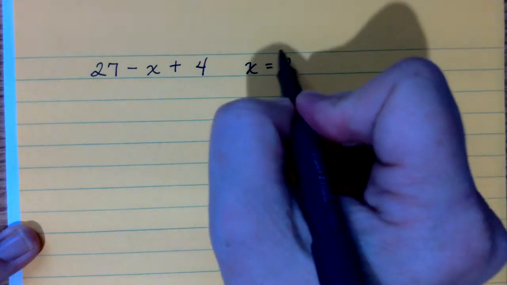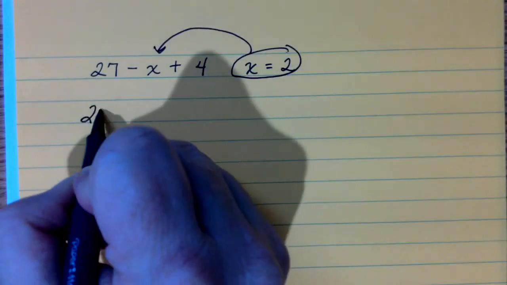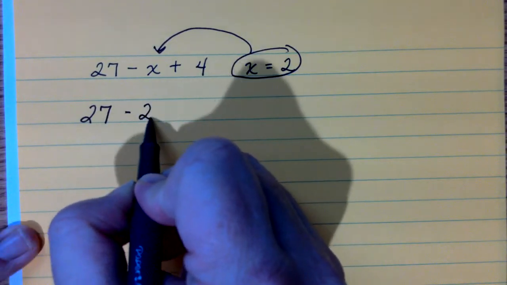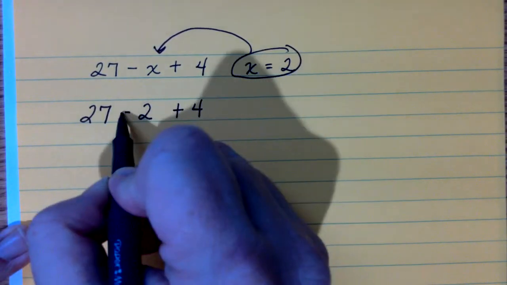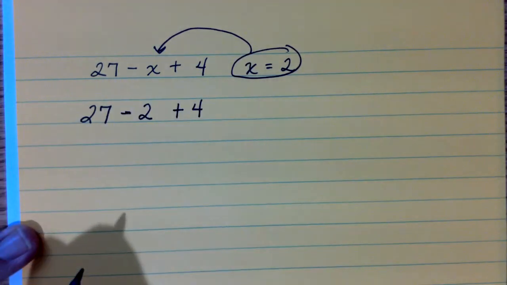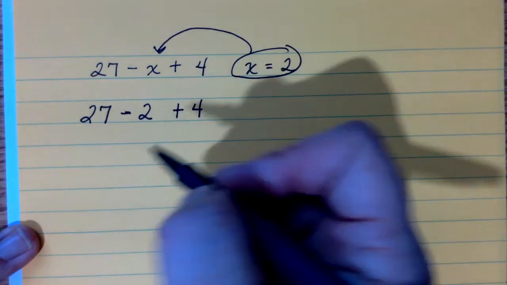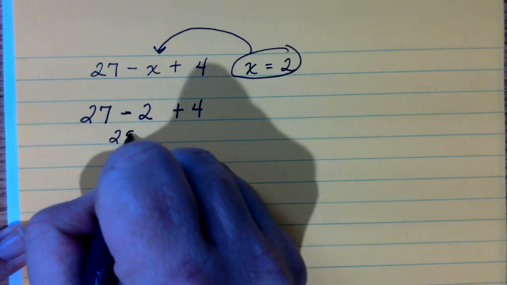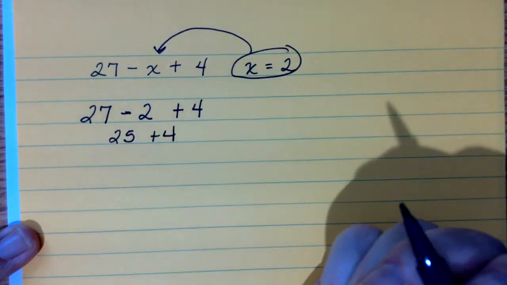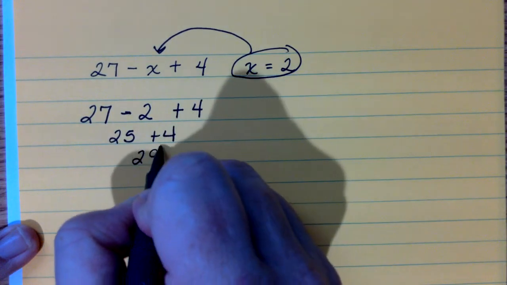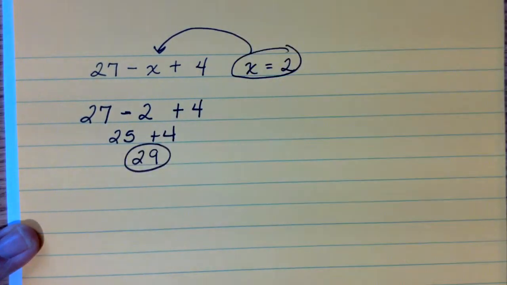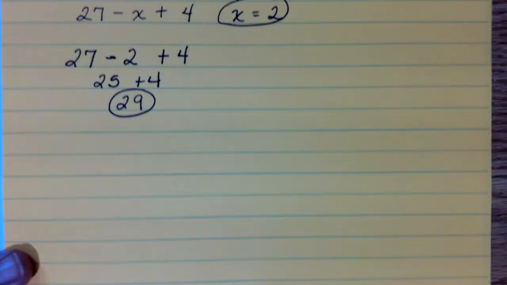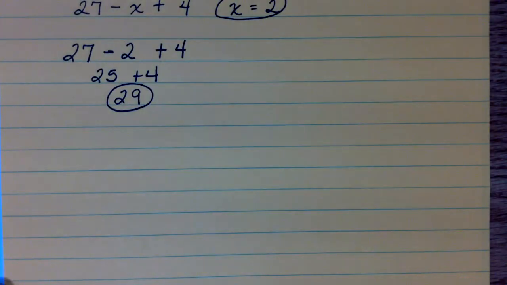We're going to take that x equals 2 and plug that into our expression: 27 minus 2 plus 4. Order of operations says I can just go down the line left to right. 27 minus 2 is 25 plus 4, and that answer is 29. Notice that I'm putting one step on each line so that you can see the steps that I'm going through. I would encourage you to do the same thing. Use a line to show a step. It's going to help you in keeping your thinking correct.